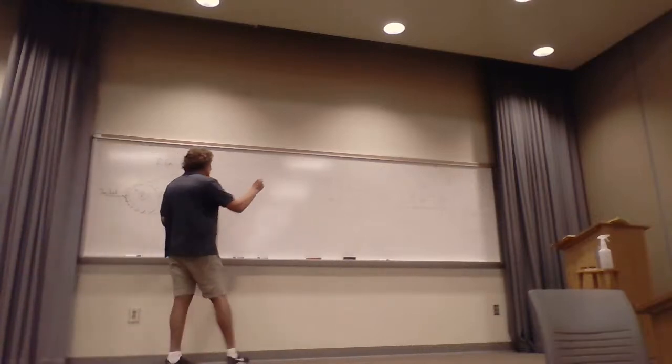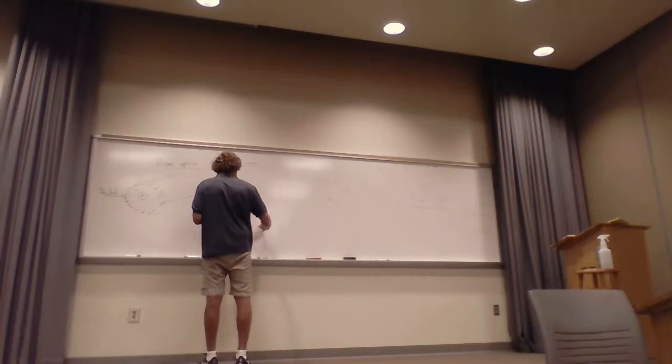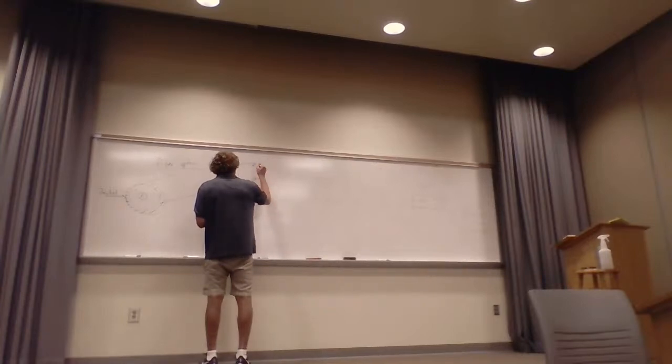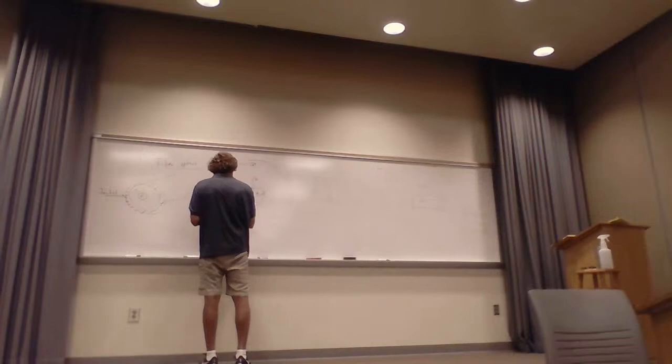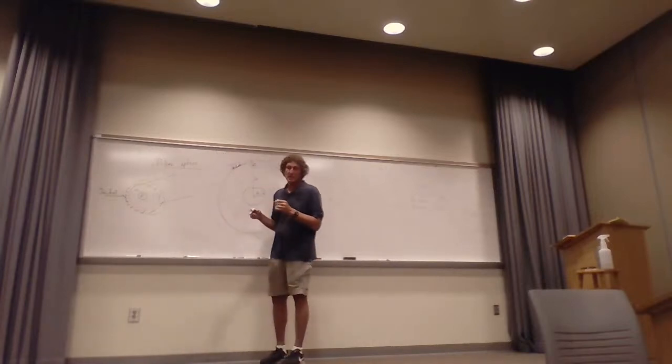So if I blow that up a little, your core has some radius A, then this is going to have a radius B, and then you got the jacket around here. That's what they look like.